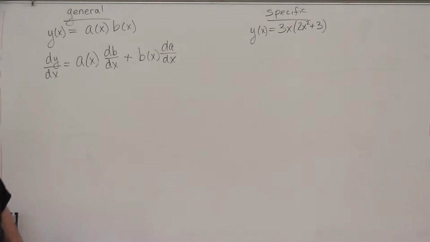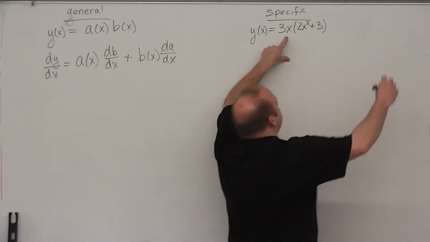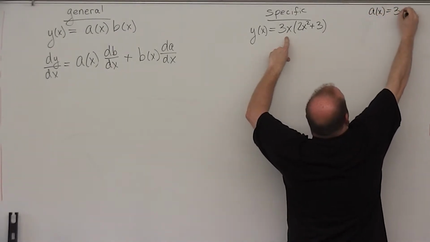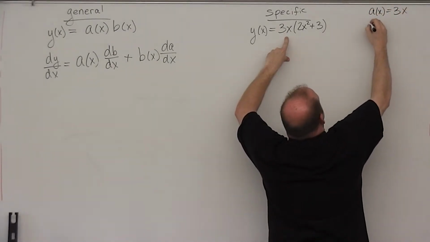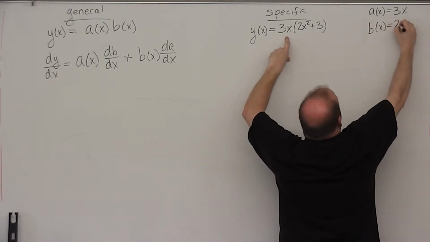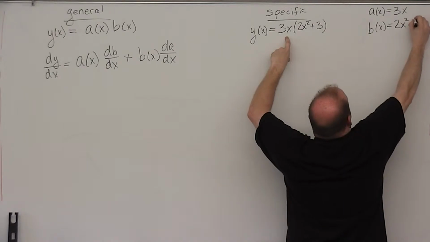Let's just see how this works. So now I'm going to say here a of x will be my 3x. B of x will equal 2x squared plus 3.